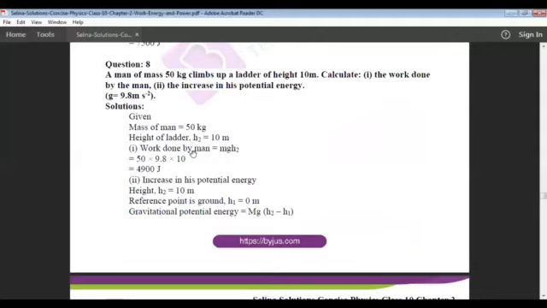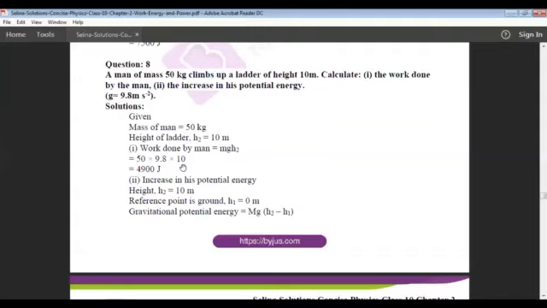So if you substitute the values here, m is his mass, it is 50 kg, g is acceleration due to gravity, that is 9.8 meter per second square, and h2 is 10 meter. Therefore, the work done by the man is 4900 joule.